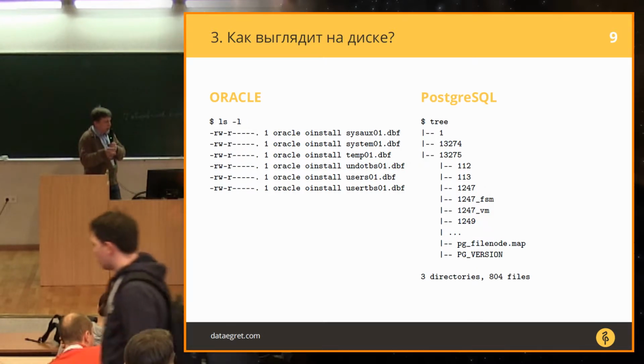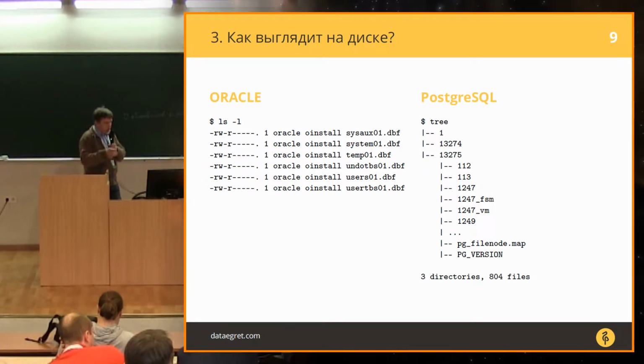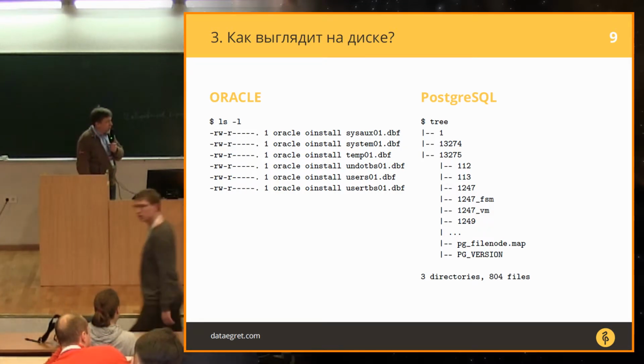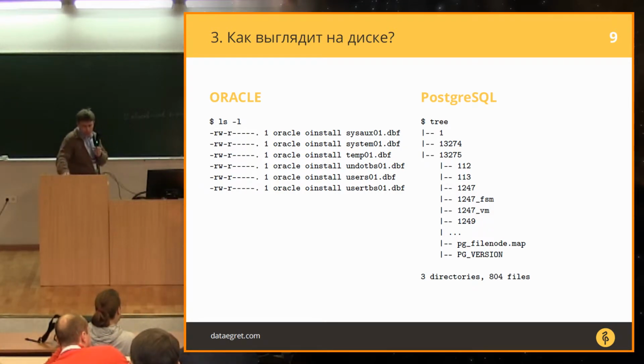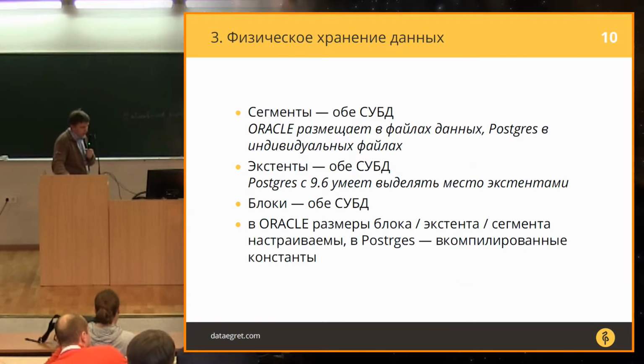In Postgres, the structure is quite big, and each segment is related to one file on the drive. Here we created an empty database, and it already has 800 files. This is how Postgres works. It's not good or bad, it's just the way it is, and you just need to consider that in your work.